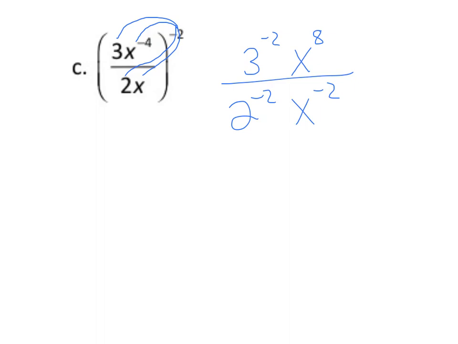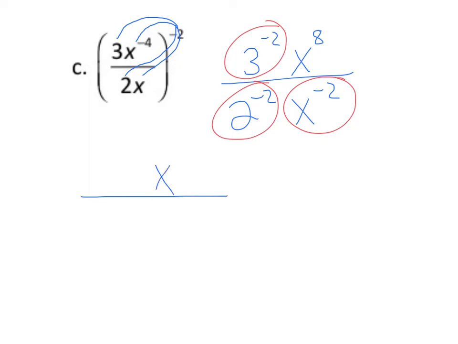Then everything with a negative exponent has to move. So this, and this. I leave x to the 8th on the top. I take 3 to the negative 2, move it down, and it becomes 3 squared on the bottom. 2 to the negative 2 moves up and becomes 2 to the 2nd.